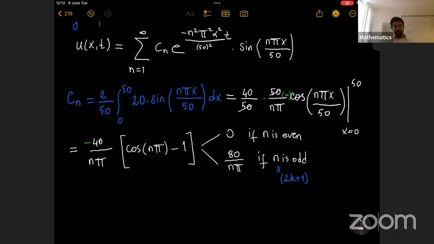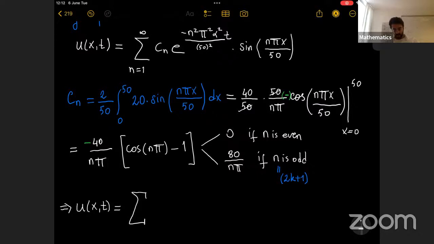Okay, now let's combine this. So this implies basically u(x,t) is equal to the sum of C_n. C_n is, if n is odd, 80 over nπ, otherwise it is 0. So we have only odd terms here.